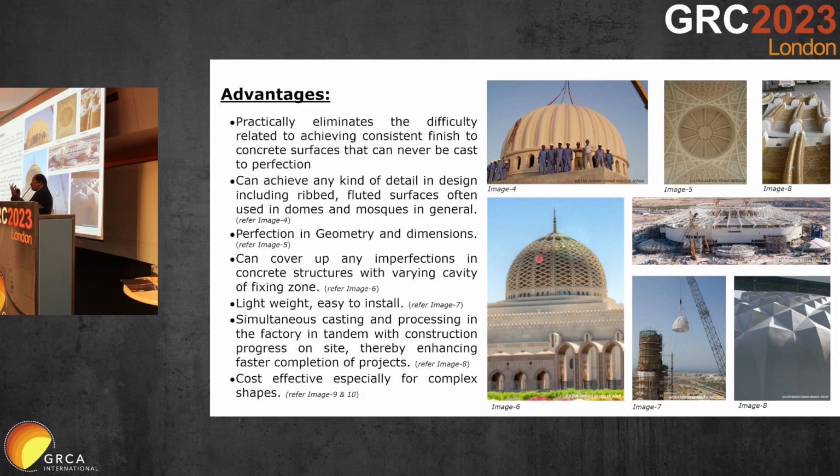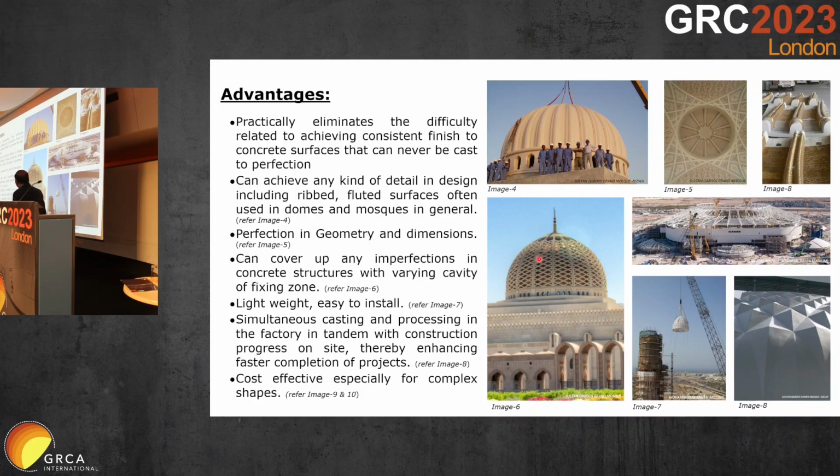You can get the inside face nice and smooth with the shuttering, but the top surface you can do to a certain level with a double mold, but above it's normally done with regular manual finishing, because you can't pour the concrete on an inclined surface. So you don't get a nice finished surface. There are always undulations. GRC is the solution which covers all the undulations, so you don't have to bother about getting the concrete perfect.